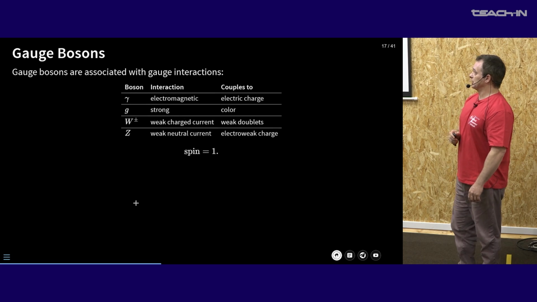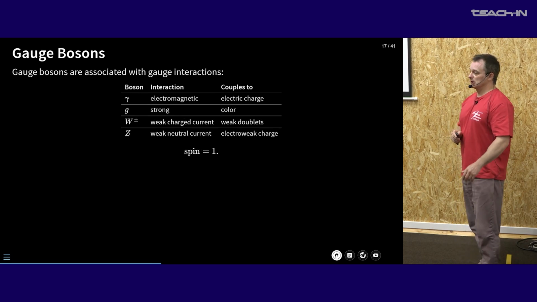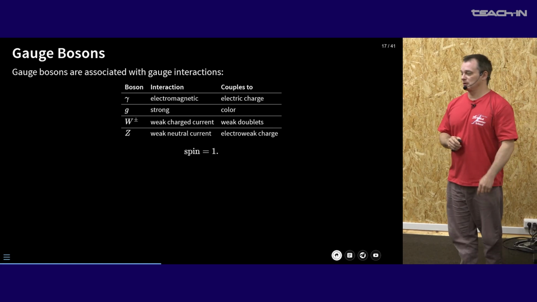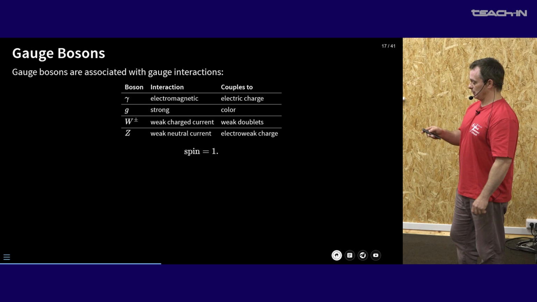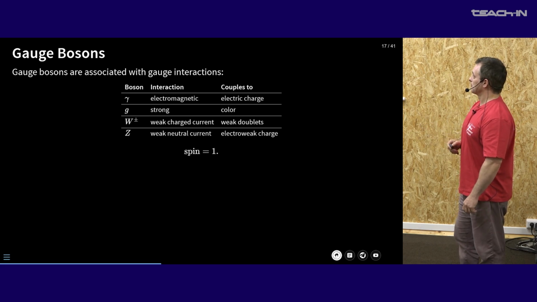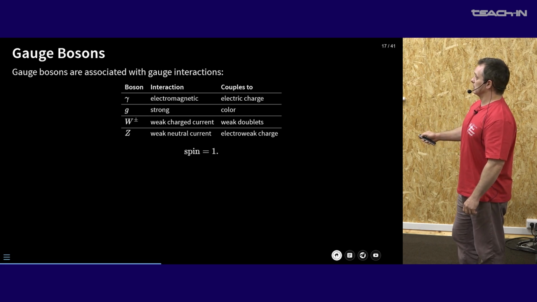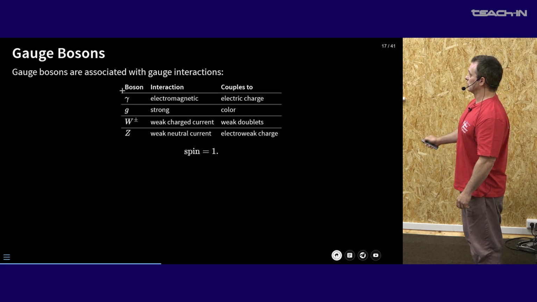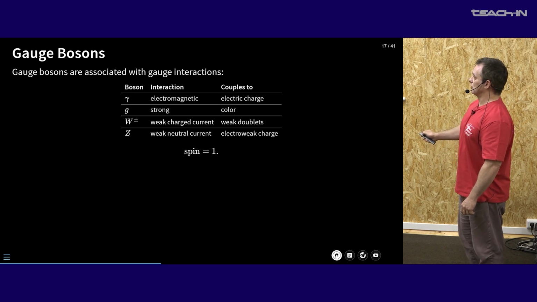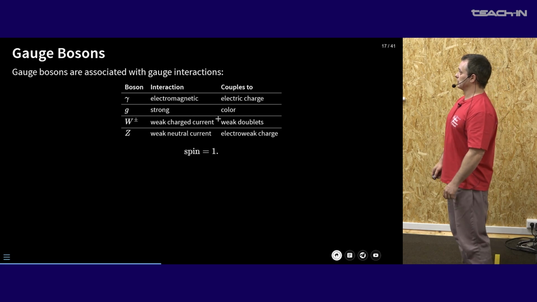Regarding the gauge bosons, I will explain in the next lecture why they are called gauge. So far, just keep this in mind. Let me explain this in some more detail. Gamma is a quantum of the electromagnetic field, so it is responsible for the electromagnetic interaction, and it couples to electric charge.